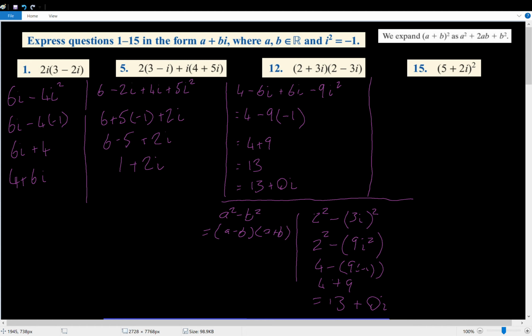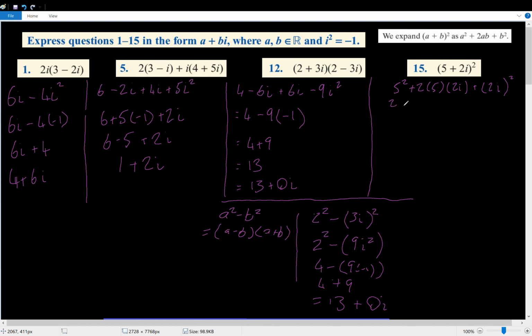And then if we take a look at question 15, if we can see just above question 15 here, we can expand a plus b squared as a squared plus 2ab plus b squared. So applying that reasoning to this, where instead of a we have 5 and instead of b we have 2i, we're going to get 5 squared plus 2 times 5 times 2i plus 2i all squared.